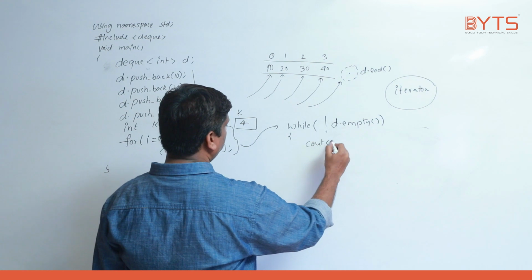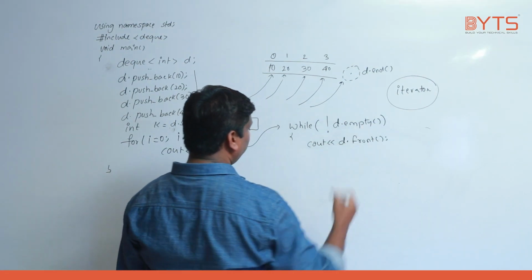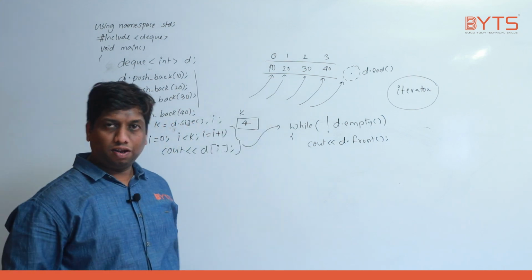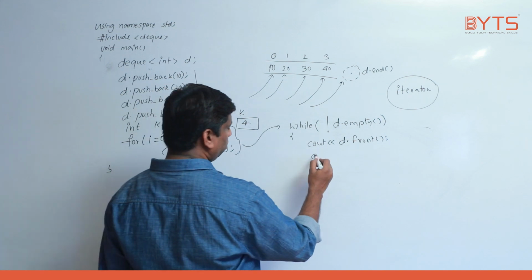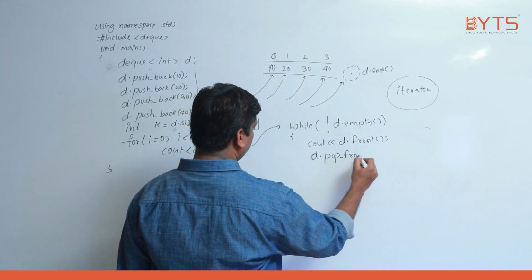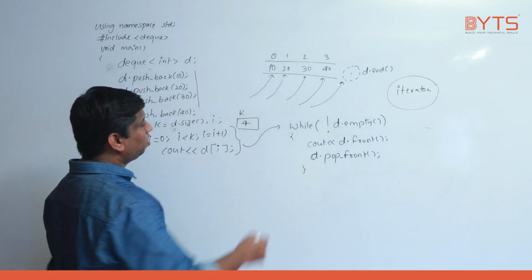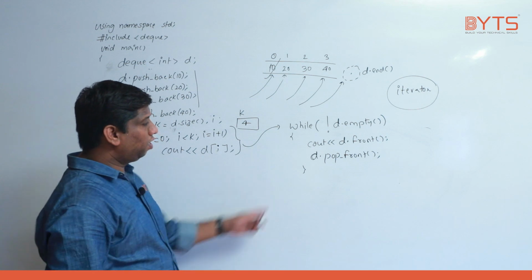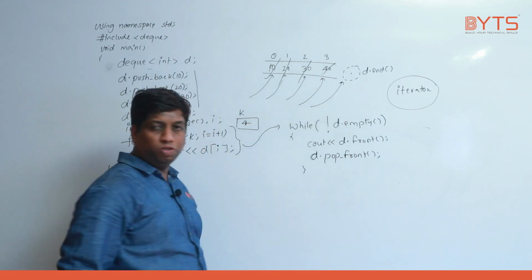Cout d dot front. Whenever I say d dot front, 10 is printed, right? If again I say d dot front, 10 is printed. Then what will I do? D dot pop underscore front. What is the meaning of pop underscore front? From the front, it removes, right? Next pop front means next front, 30, 40, right? I hope this is clear.